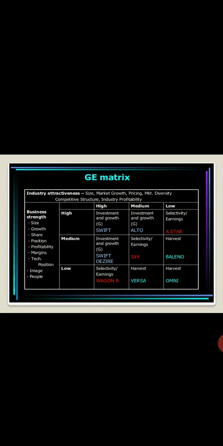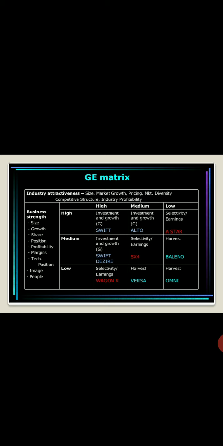So, it's time for A-Star to gain industry attractiveness first in order to enter into the green zone. We talk about SX4. This is in the yellow zone where the industry attractiveness is medium and business unit strength is also in the medium stage.